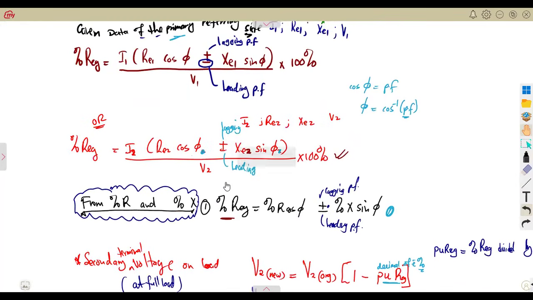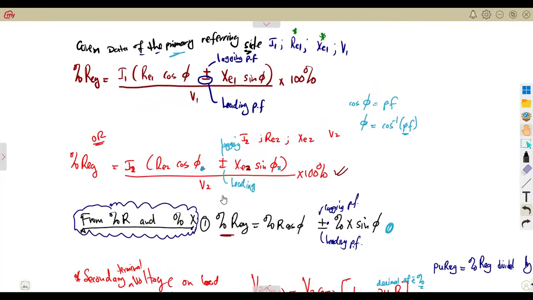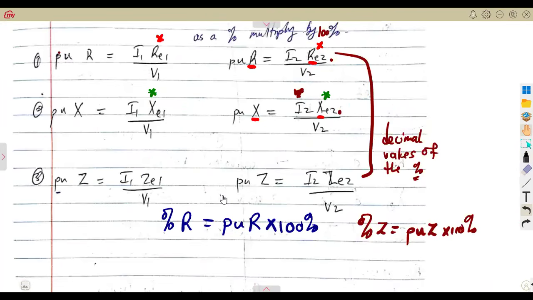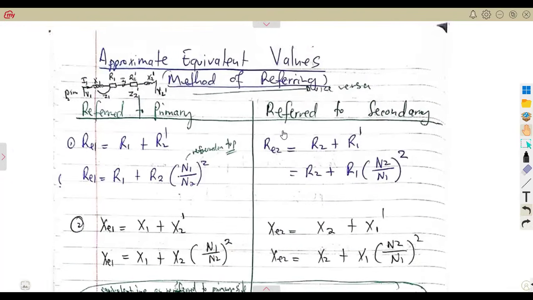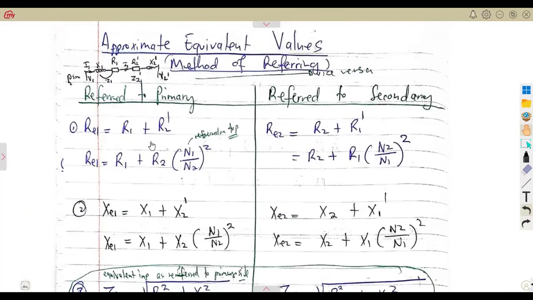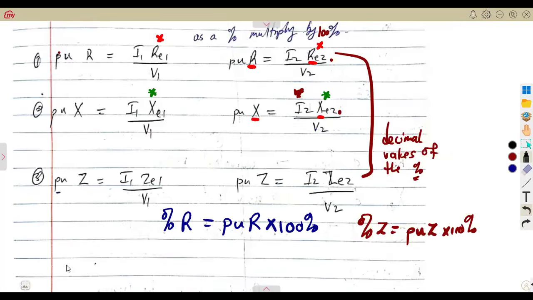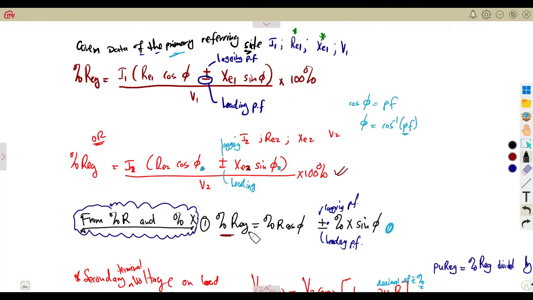Do not just focus on calculating these from what you have done before, up to the equivalent values when dealing with the method of referring. They can even relate back to those, provided that these values are given. But you must have equivalent values first. With those equivalent values, percentage regulation can be calculated.